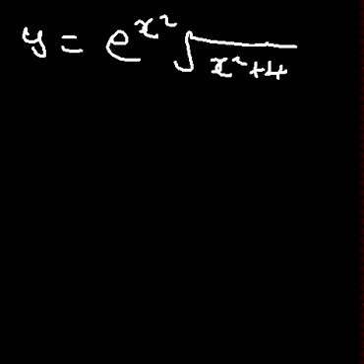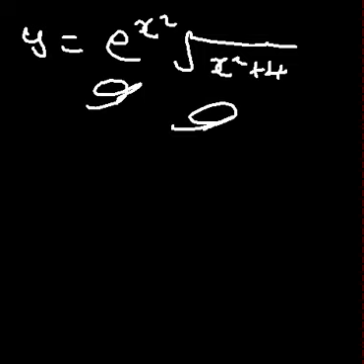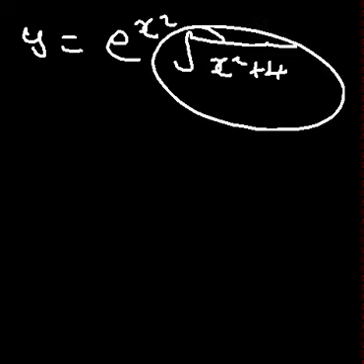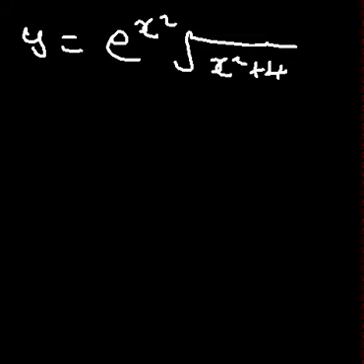In this case we have two functions that multiply, so we're going to use the product rule, with this one as u and that one as v. We'll differentiate this one using the chain rule, as you can see. So try to go through that one also at your own time.